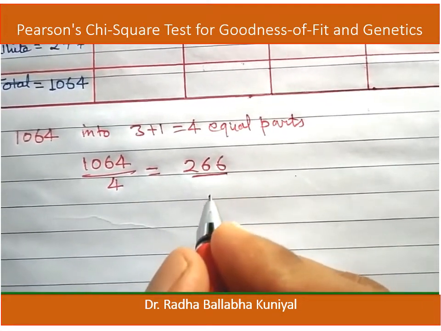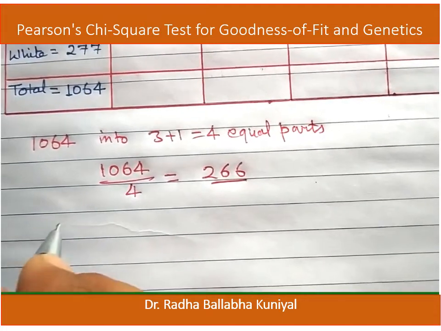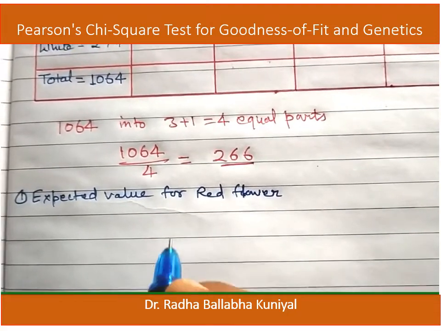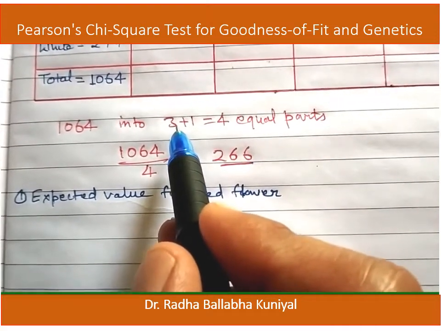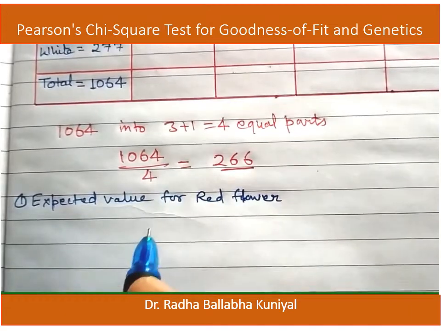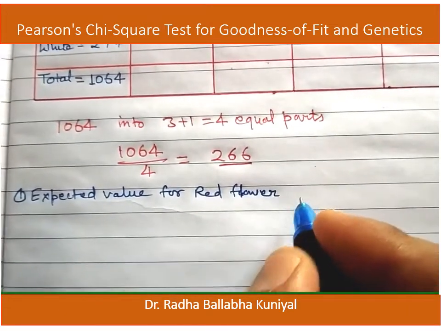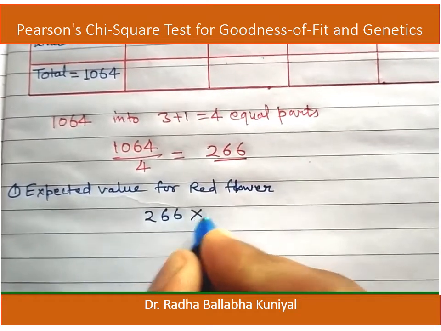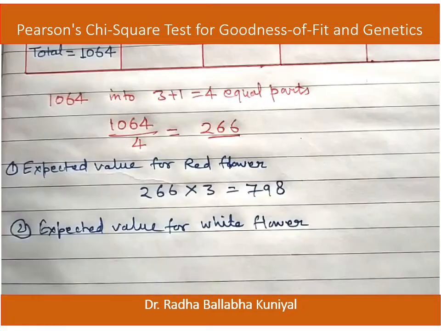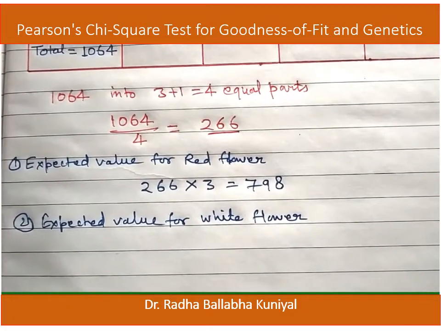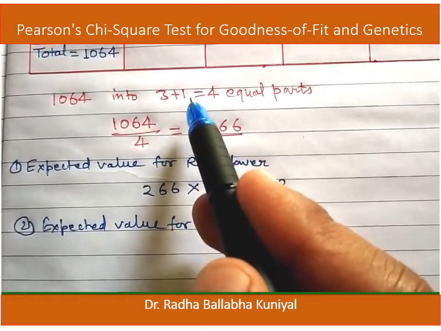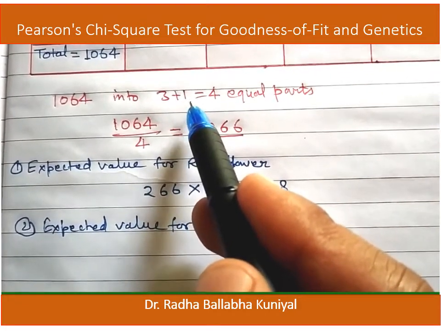Now we will calculate the expected value for the red flower. The first part of our ratio is 3. So it has 3 parts and its value becomes 266 multiplied by 3 equal to 798. Likewise, we will calculate the expected value for the white flower plants. Here, the second part of our ratio is 1.